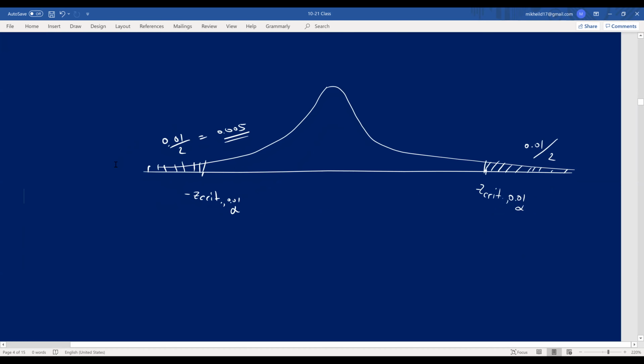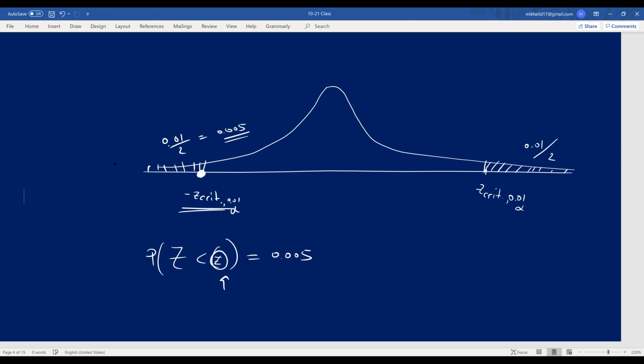And then you calculate z critical, either based on a table or in Excel. You are looking at the probability that capital Z is less than your small z, and you know that is 0.005.